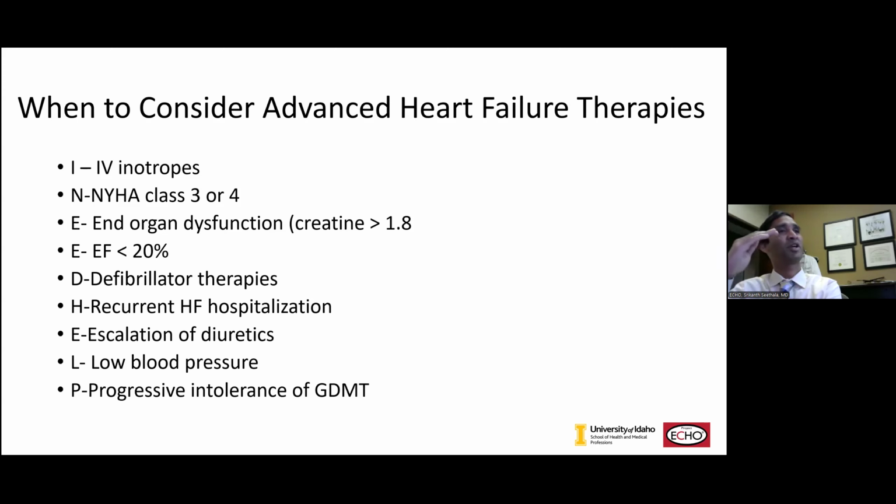And if the patient's blood pressure is dropping down, and we need to come down on all the GDMT because of the low blood pressure, it means that their heart is failing more and more. So we might need to think about mechanical LVADs or heart transplants on those patients, or for some patients palliative inotropes.